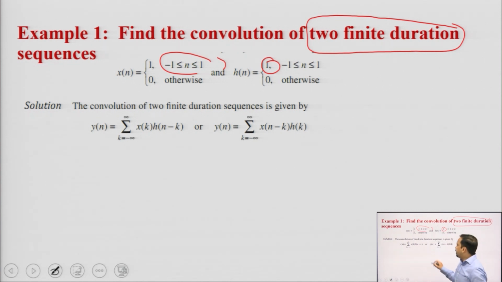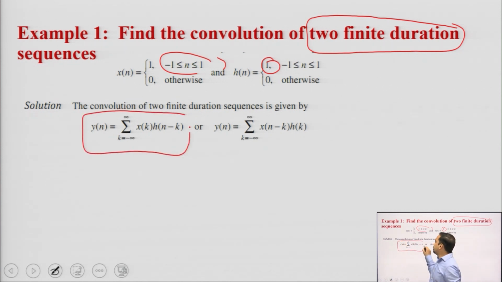First of all, we start with y of n equals the important equation, the summation over k from minus infinity to infinity of x of k and h of n minus k, or we can start with the second equation, because both x of n and h of n are in a simplified form. So we can use either way.